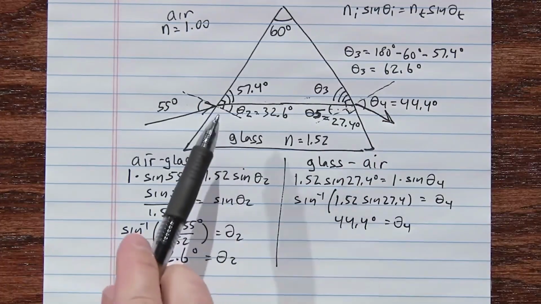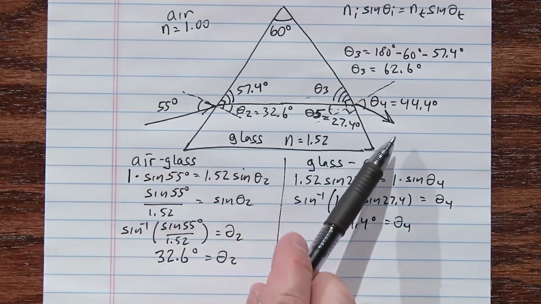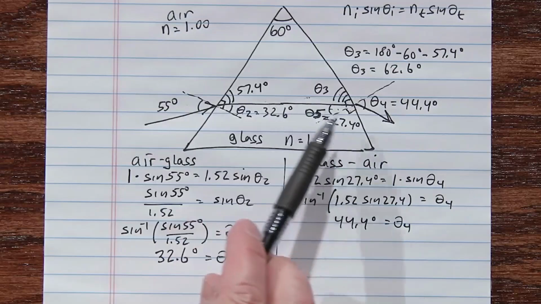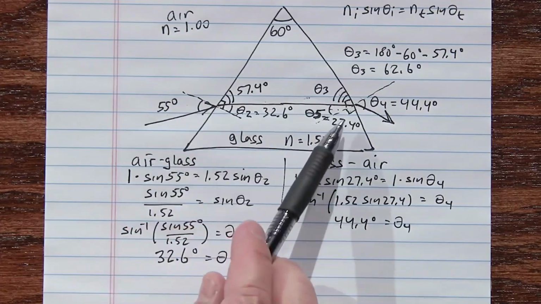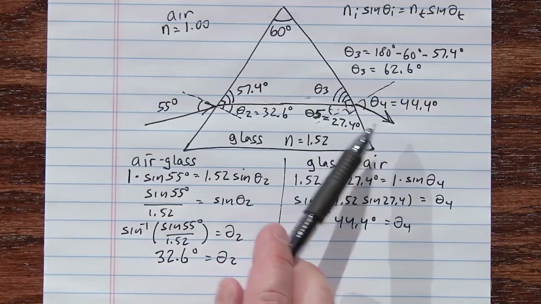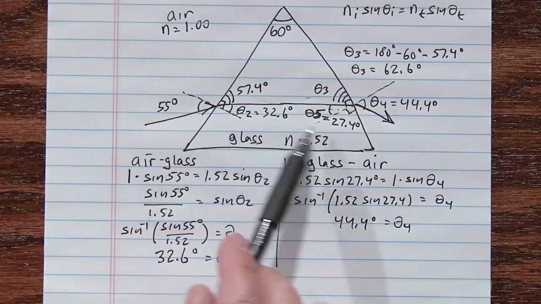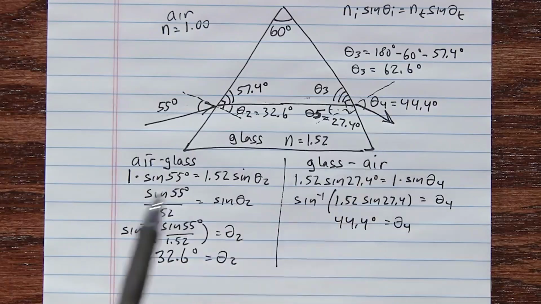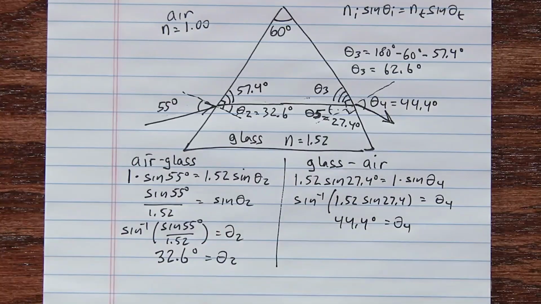Okay, so what we see is that this light has been bent overall as it passed through. It was moving up to begin with. Now it's moving down. So the light ray, from its original direction, has been bent overall in the direction towards the thicker part of the prism.